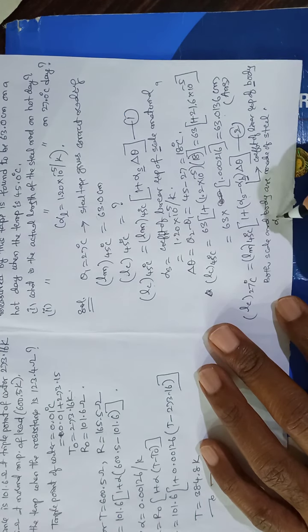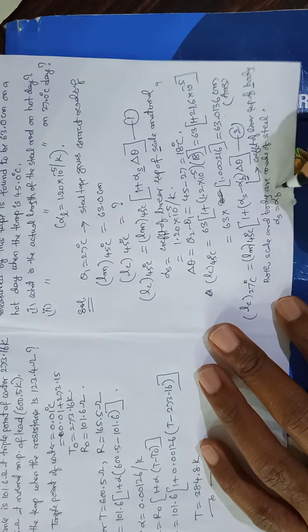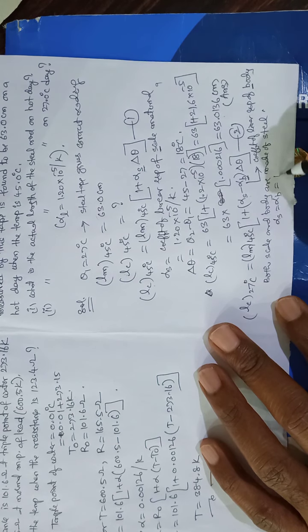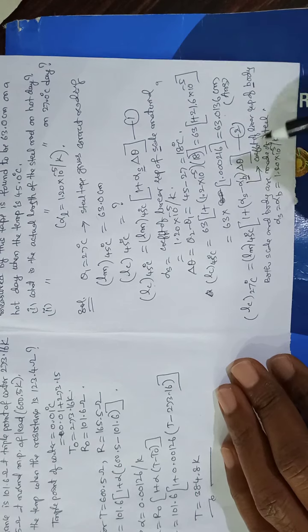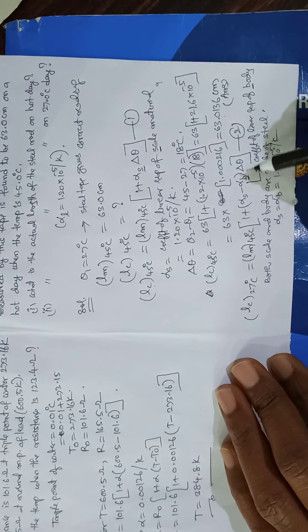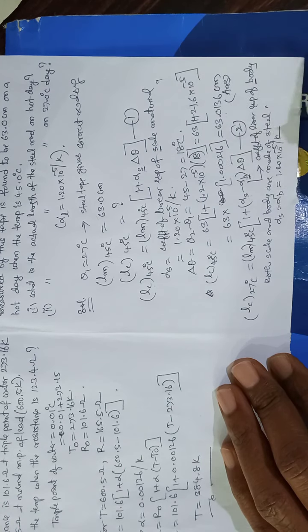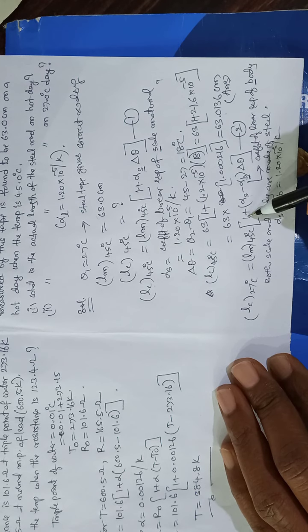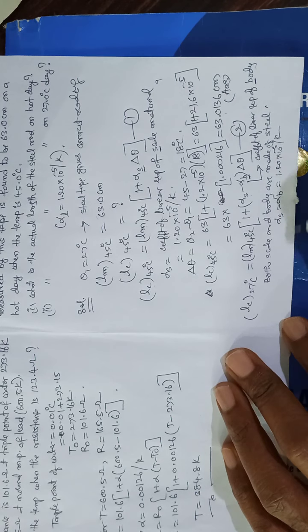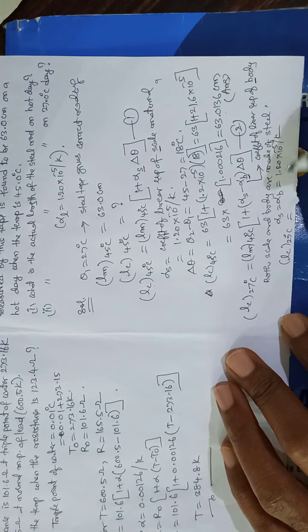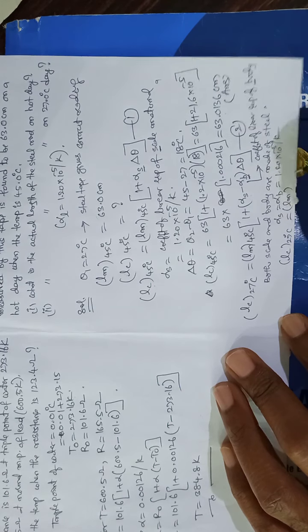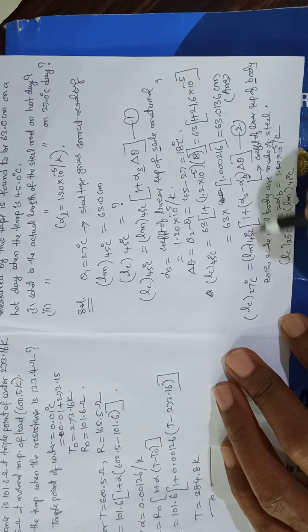That is, alpha S is equal to alpha B is equal to 1.20 times 10 to the power of minus 5 per Kelvin. When these two become equal, this part becomes 0, so just 1 remains. So here we write LC at 27 degrees centigrade is equal to LM at 45 degrees centigrade times 1.